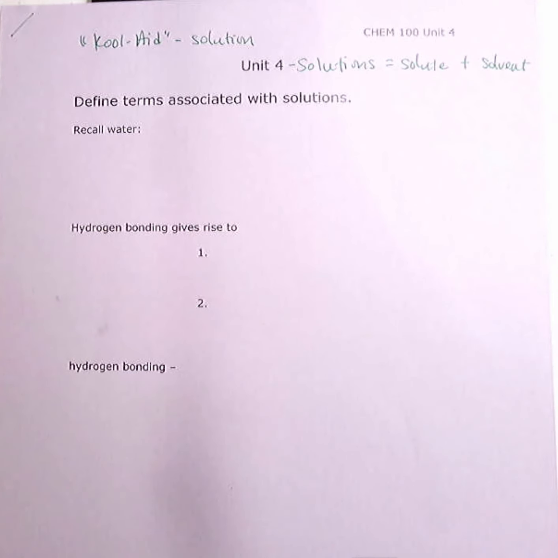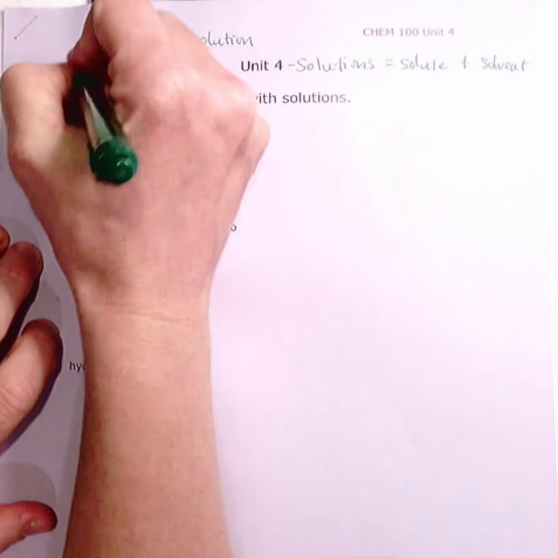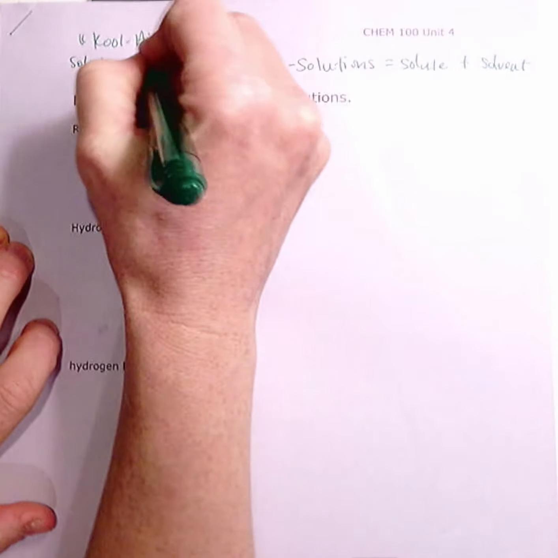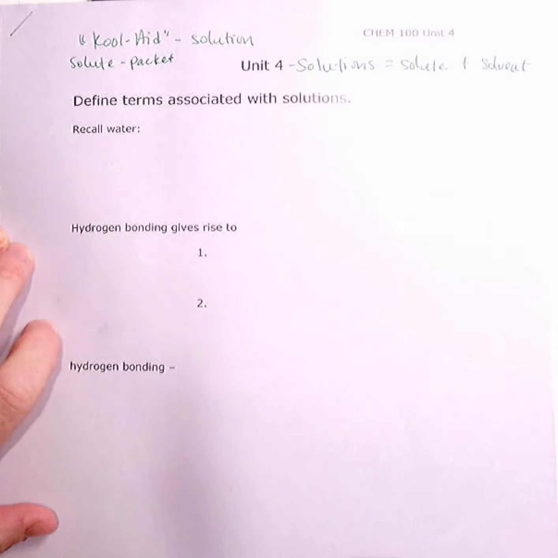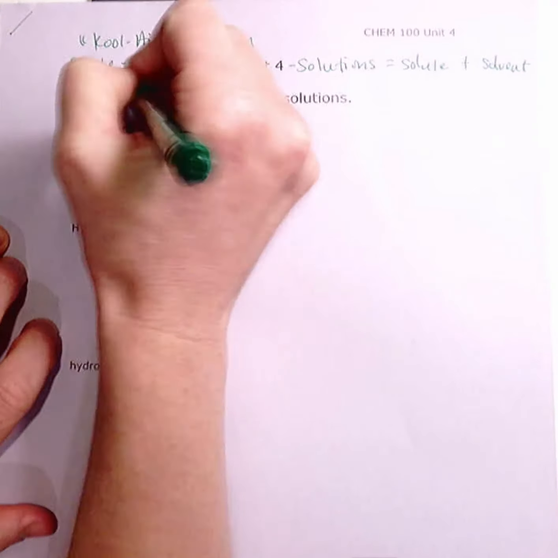The sugar-free Kool-Aid is not really Kool-Aid. So the solute in Kool-Aid would be the packet, with the little pitcher guy. And then your solvent would be water.